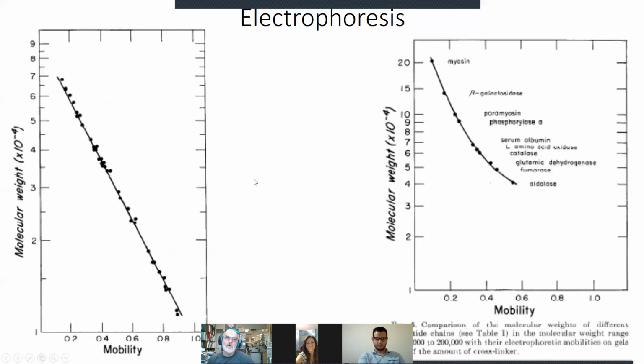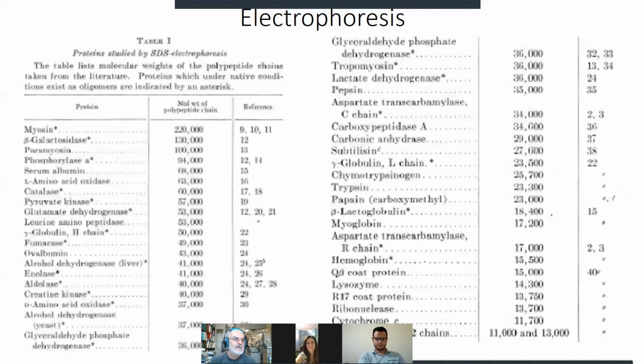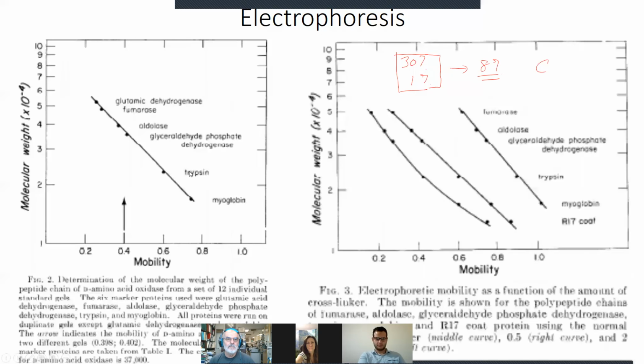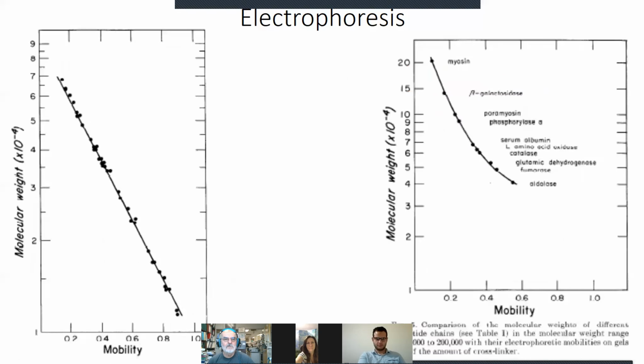So here is the summary slide basically for 40 proteins. The molecular weight goes all the way out, in this case, to 68,000. I think that is probably serum albumin. It doesn't look like it's the phosphorylase, which runs at a higher molecular weight. All the way down again to something around chymotrypsin, 11, 13,000.